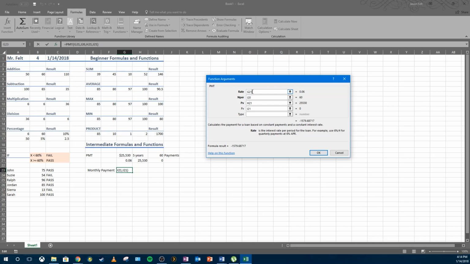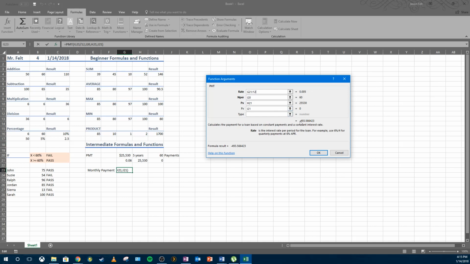You pay something called APR, annual percentage rate. So over an entire year of making payments, you're paying 6% off of that. So if you're making monthly payments, you want to make sure you divide it by 12, okay? Meaning on every monthly payment, it's 0.005 interest, okay? That looks a lot better.